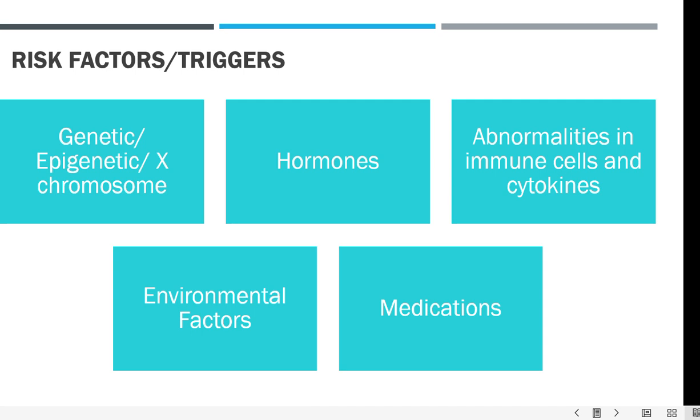Next, moving to our hormone component. So both estrogen and progesterone, both endogenous and exogenous, are both linked with SLE. Estrogen stimulates our B cell maturation and antibody secretion in our normal immune system.